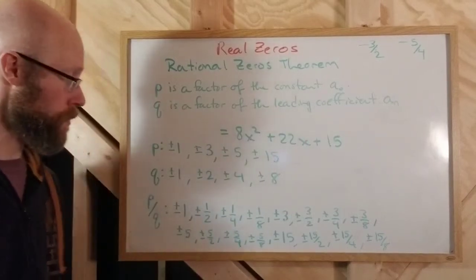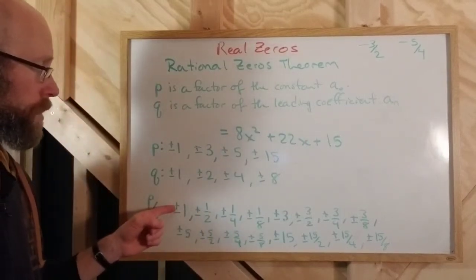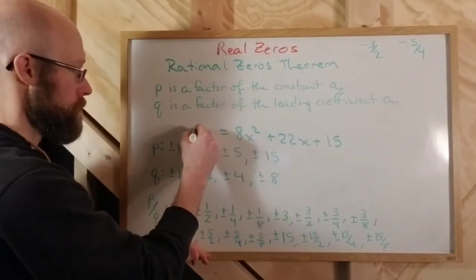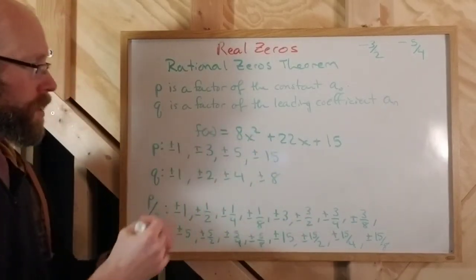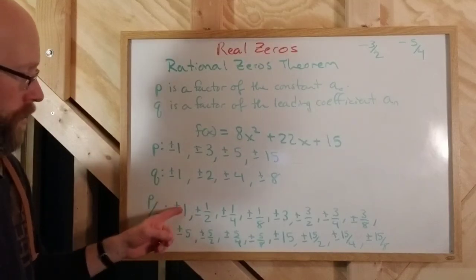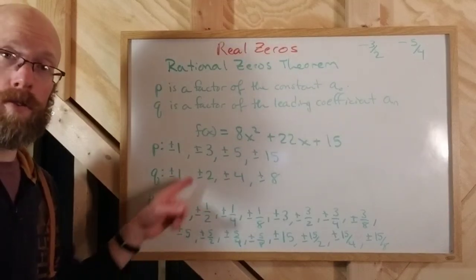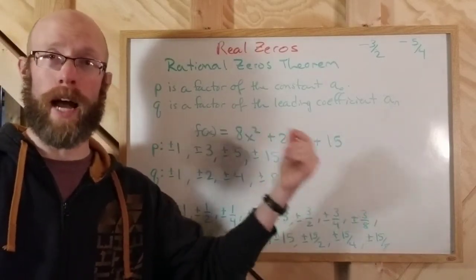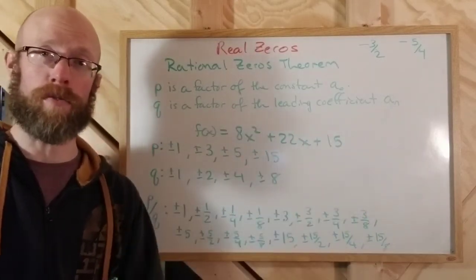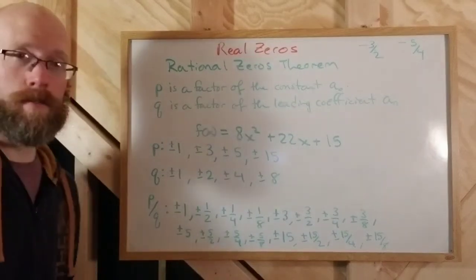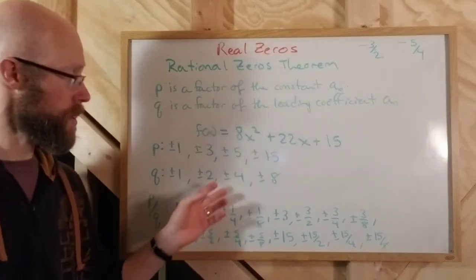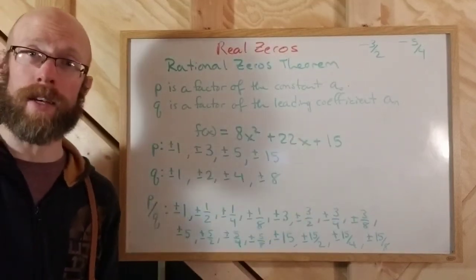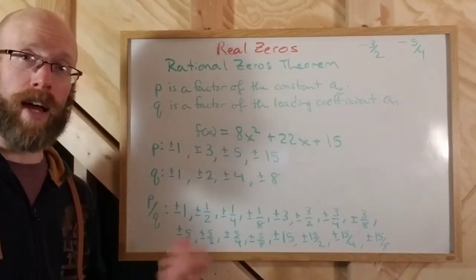It's a lot of things, but remember, if you plug in a number to the original function, let's call this f of x, and the output is 0, remember the output is the remainder that you get when you divide by x minus whatever the number is. So if you get out a 0, then you know you actually have a zero. You have something that will factor.